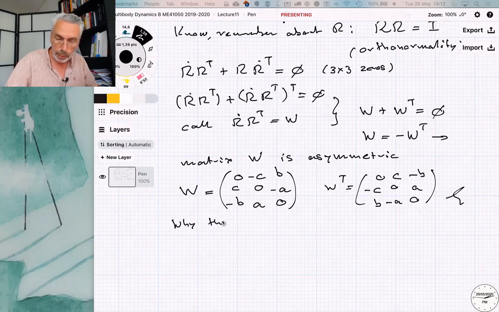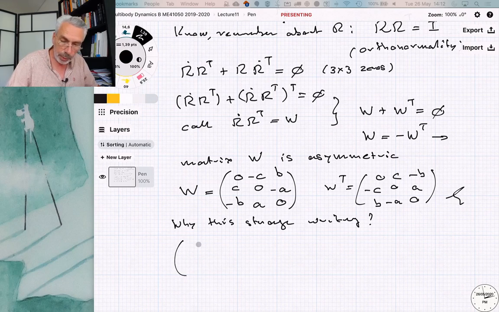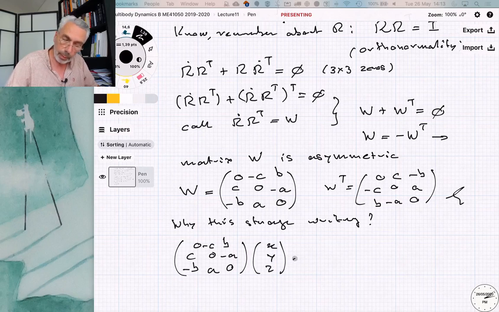Why this strange writing? Well, if we now take this matrix W, so the zeros with the A, B, C, and the minus A, minus B, minus C, and we multiply it with the vector x, y, z, then the outcome is, and we just have to do the matrix multiplication, so we get minus cy plus bz.